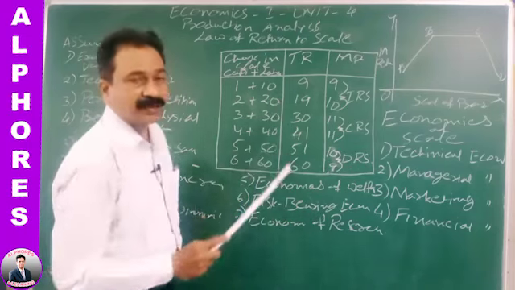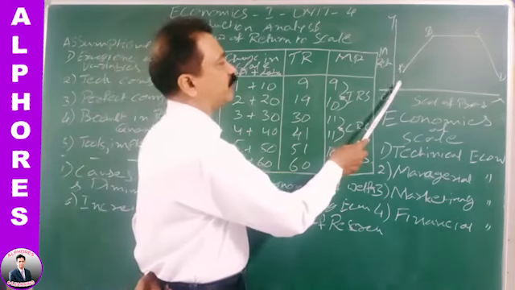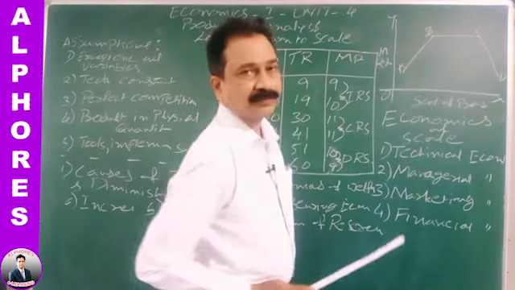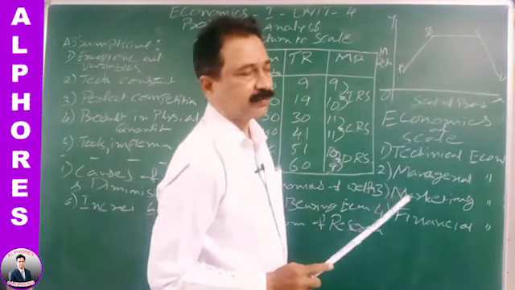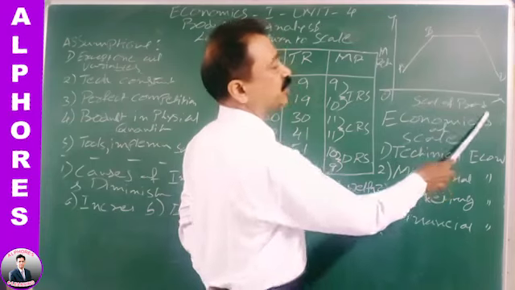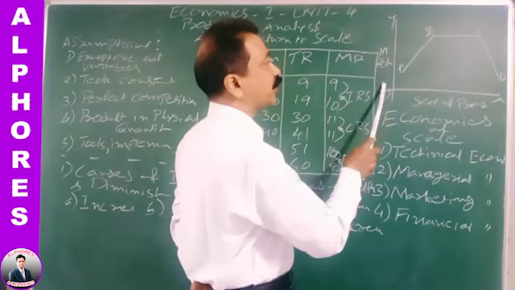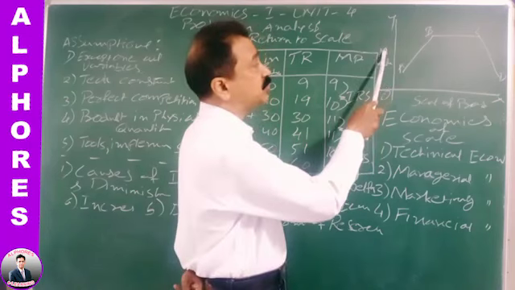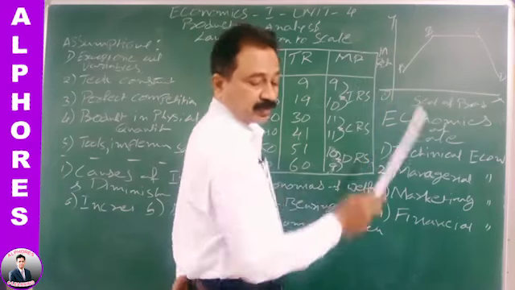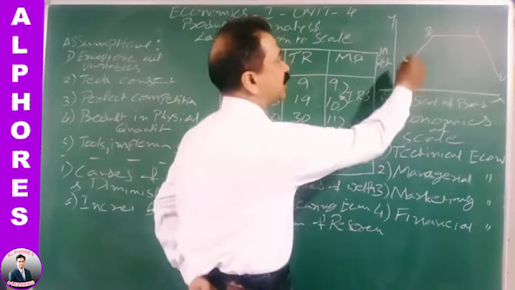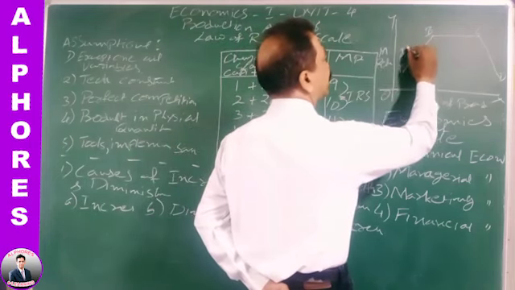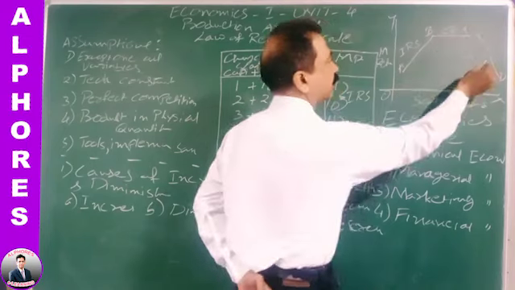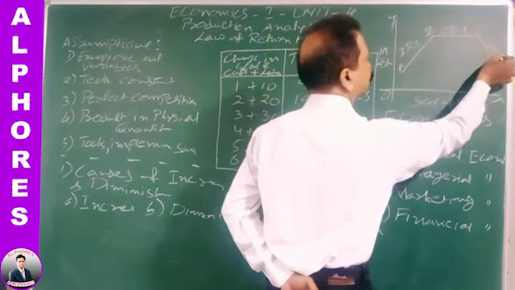This can be seen on the graph. On the x-axis we are showing the scale of production. Here what are we showing? Marginal returns. So here very clearly you can see increasing returns to scale, constant returns to scale, diminishing returns to scale.